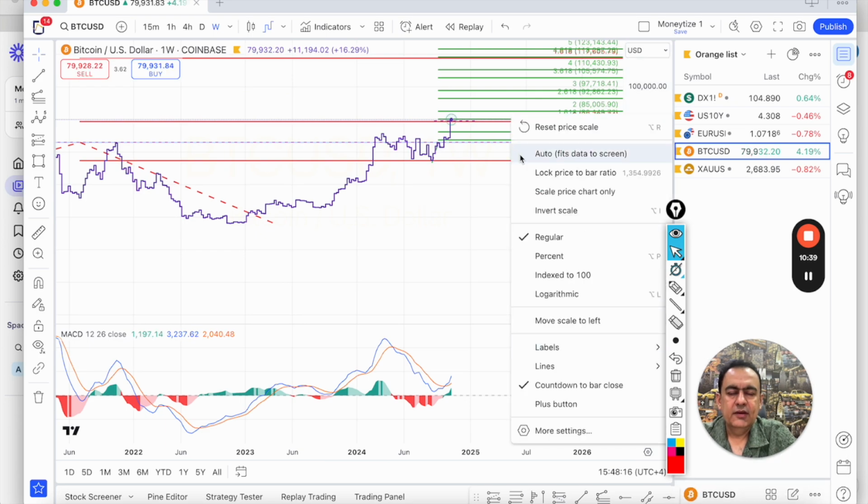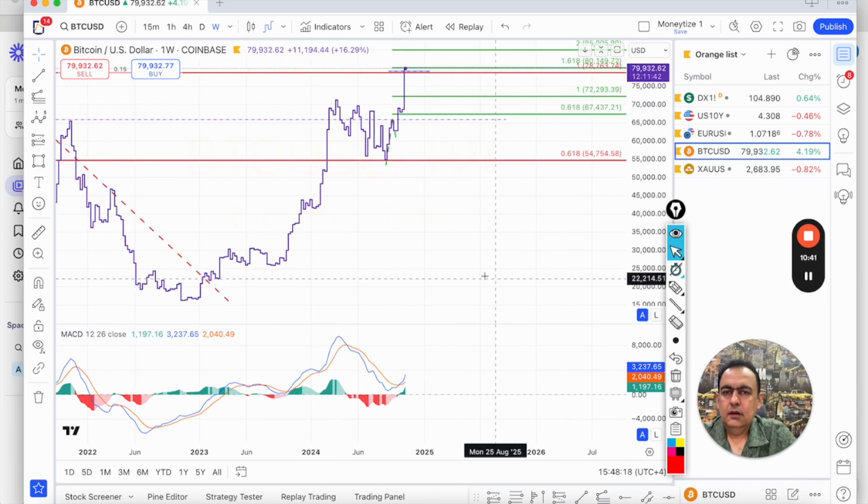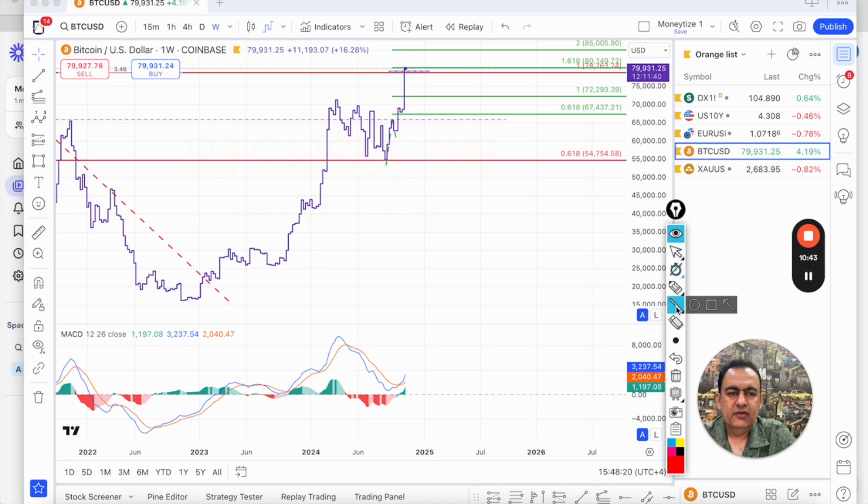Even on the weekly time frame, it looks quite promising. So we have the new weekly bullish structure here. This is the first wave up, then we got some consolidation here. This is the third wave. Again, we got the fourth wave, which was consolidation, and now it is rallying again.